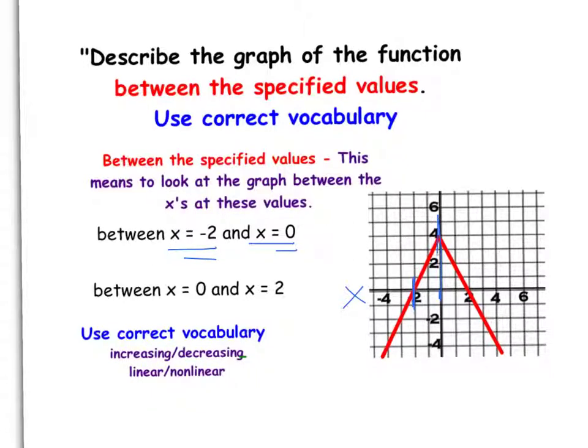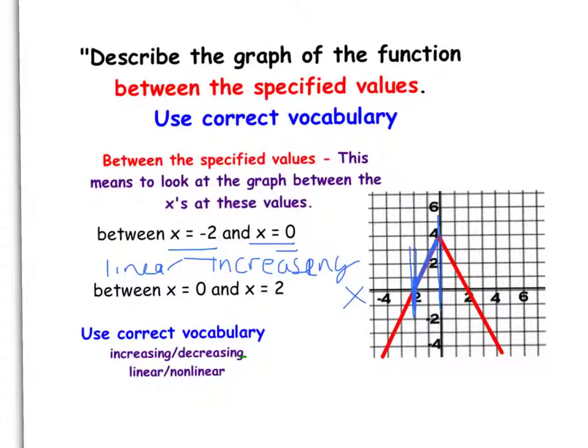So what is happening at this section of the graph? Between that section of the graph, it is linear because it is a straight line, and it is increasing. Increasing.